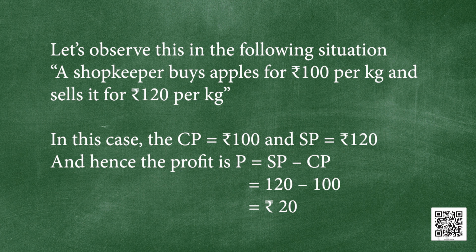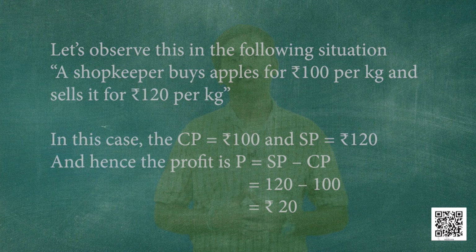In this case, the cost price is Rs 100 and selling price is Rs 120 per kg, and hence the profit per kg is P equal to selling price minus cost price, which is 120 minus 100, that is equal to Rs 20. So, the shopkeeper gains a profit of Rs 20 per kg.